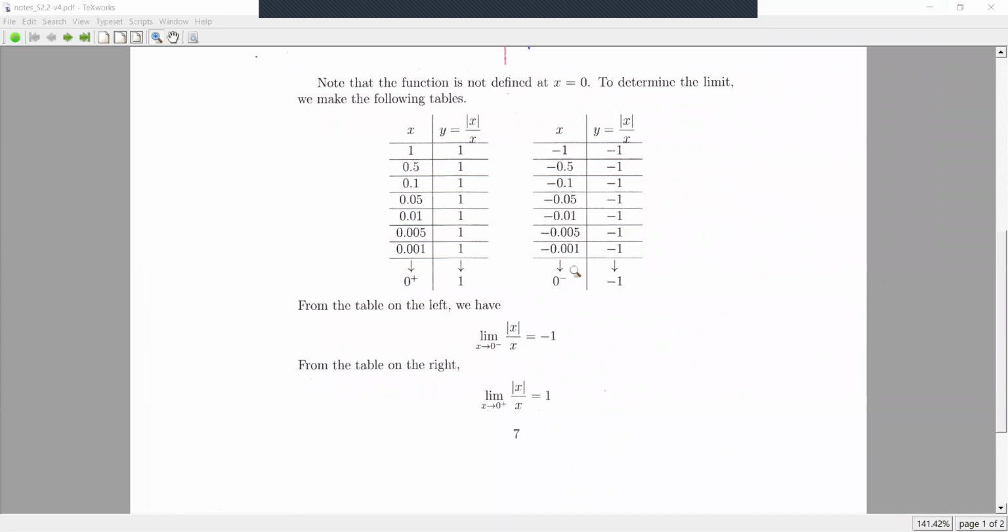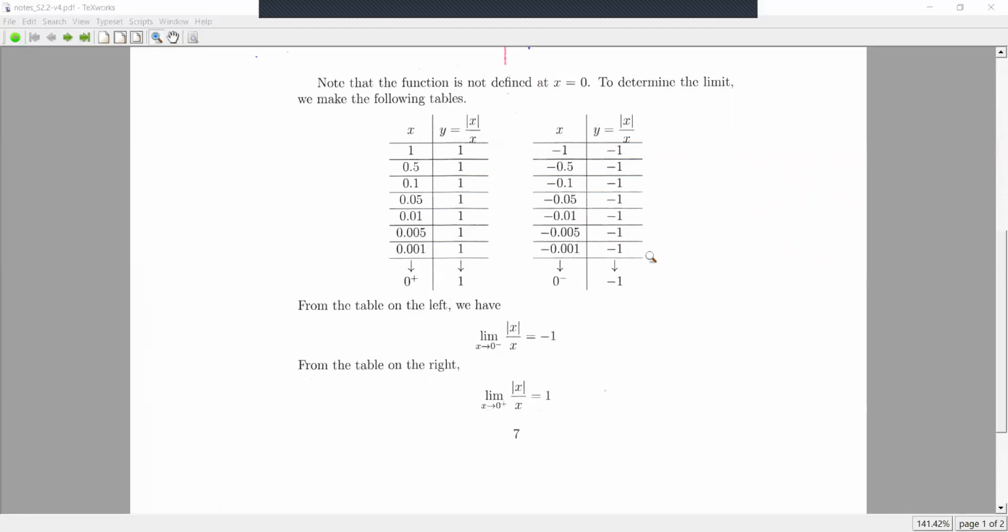In the table on the right, I let x approach 0 from the left by taking on these negative numbers. At these numbers, the function values are all equal to -1. For example, when x is -0.5, absolute value of -0.5 over -0.5 is -1.